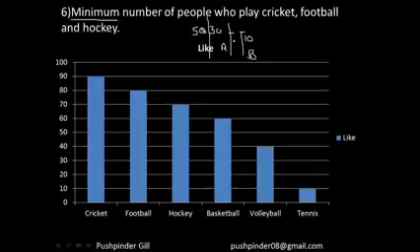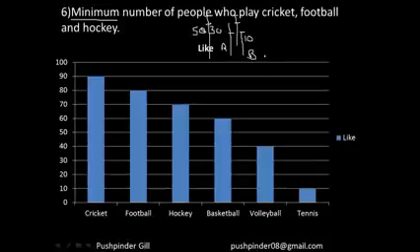But if I have to minimize that, what is the minimum number of students who will like both the products? I have to maximize this area. I have to put this 10 here like this, so that means the minimum number of students who like both the products is 0, because I have to minimize it rather than maximizing it.